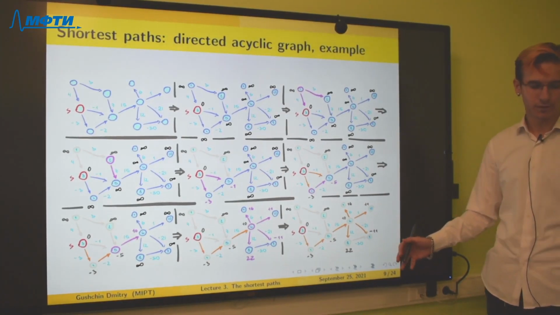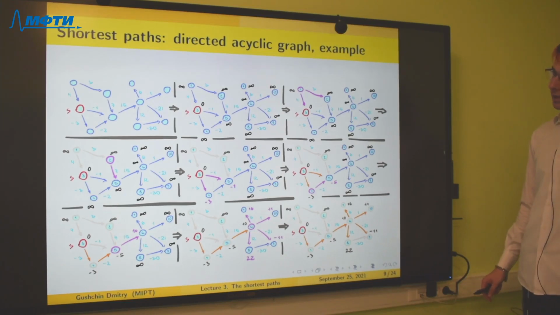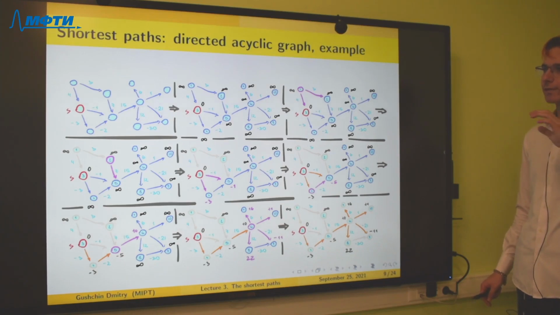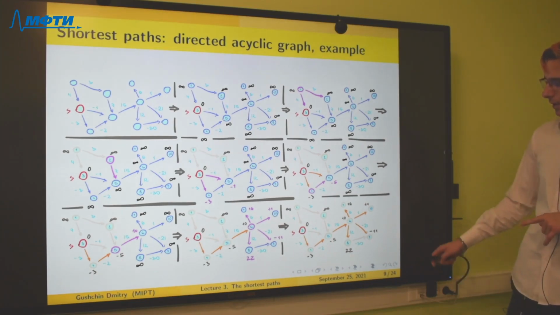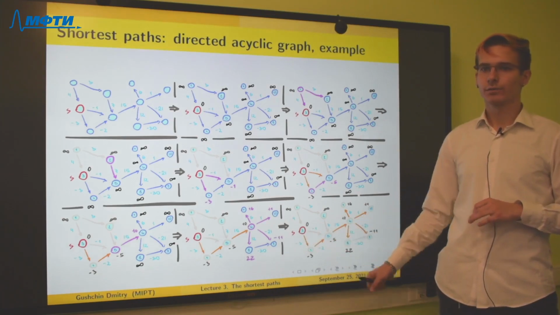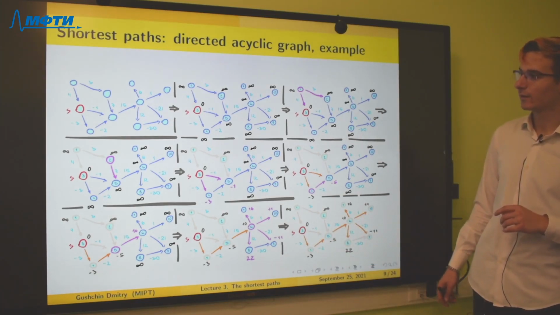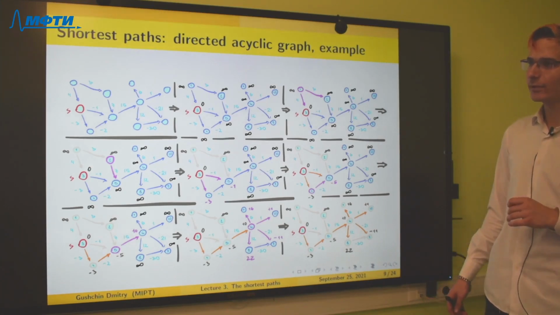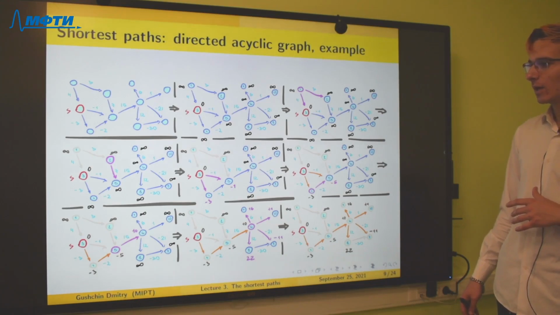And we see that if we relax all the edges in some way, we get the real distance between the vertex and the source. But of course, if we relax the edges in another order, we get some mistakes.